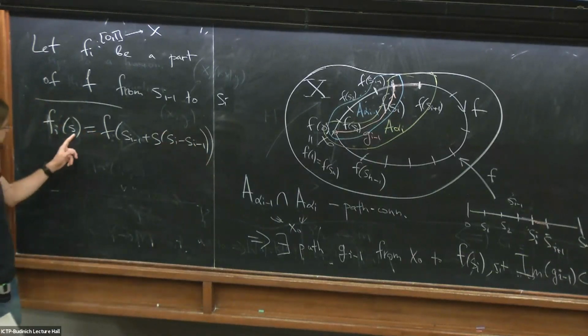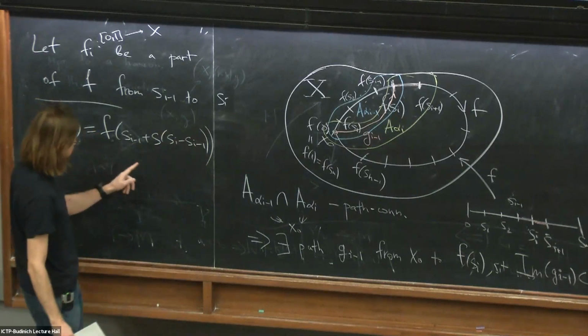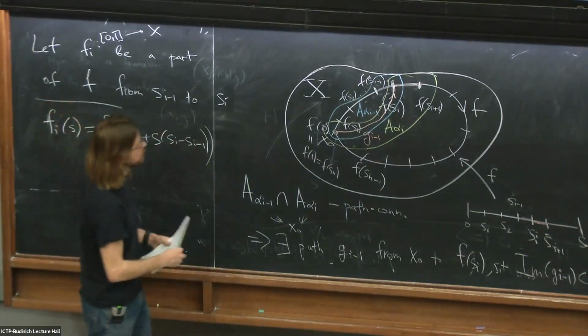The point s equals 0 corresponds to s i minus 1, and the point s equals 1 corresponds to s i.